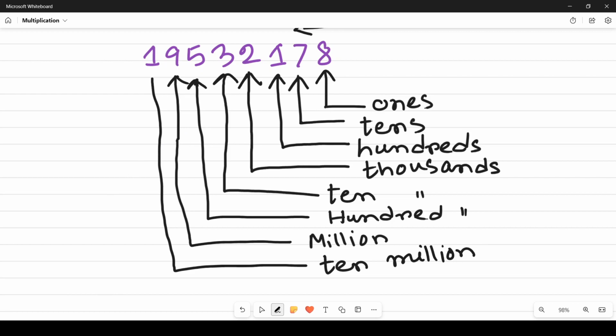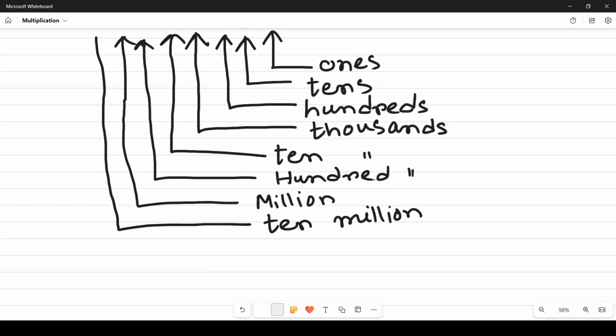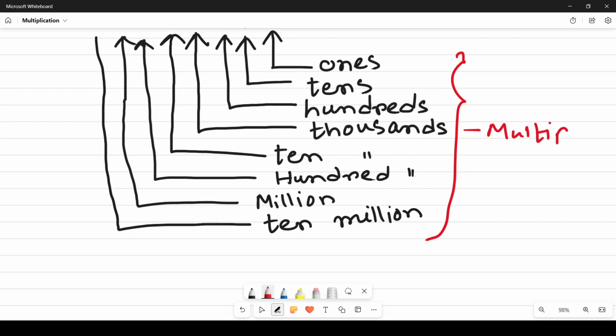So what are these ones, tens, hundreds, thousands, and what are these things? These are basically multipliers. All of these things, they are basically multipliers.